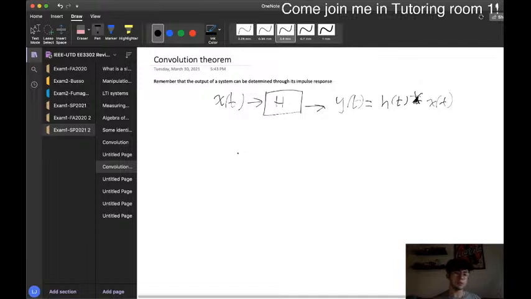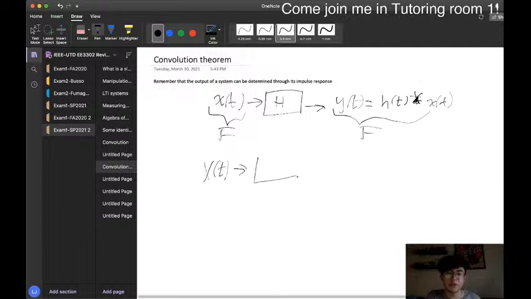So if we take the Fourier transform of the left and right, so that we're looking in the spectral domain, then the way we'd write this in the same system notation is x of t passed through h, and this is going to be y.